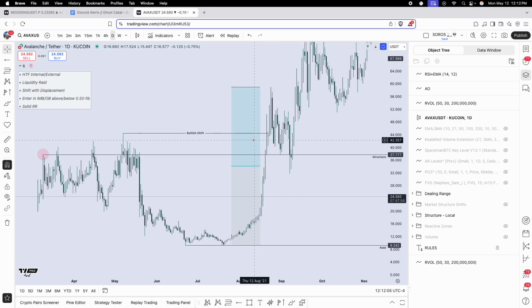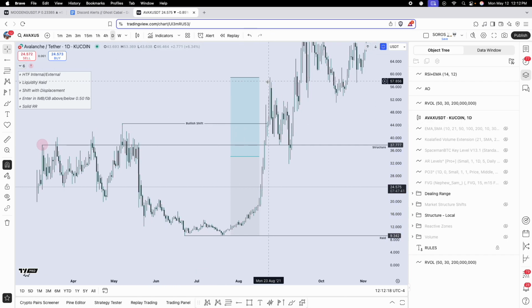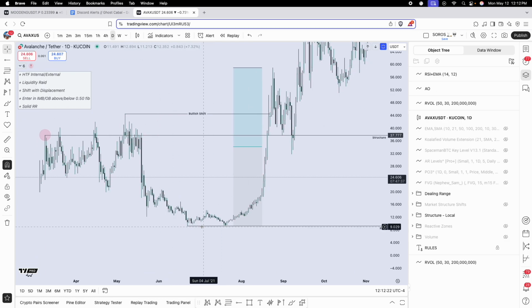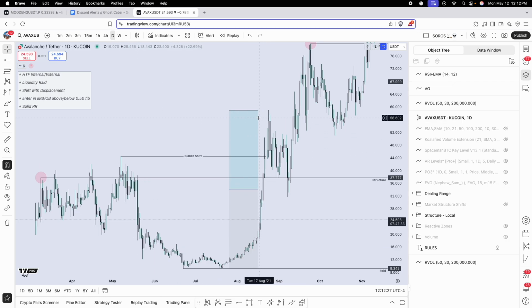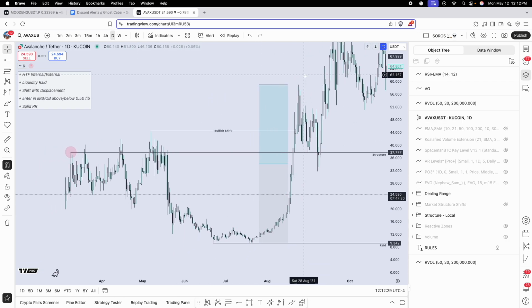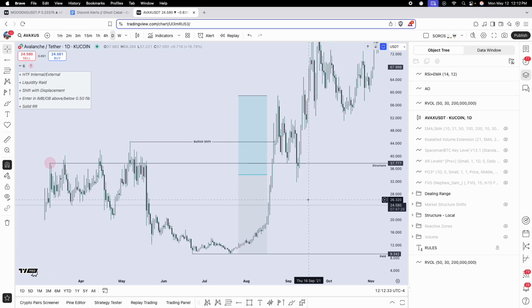Now if that high stopped over here, this is not a true dealing range because the high didn't take out the previous high, so that can't be considered a dealing range yet. But once you have a pivot that closed above this high or even wicked above, now you have a raid of the low defining the bottom of the dealing range, and a raid or shift above the previous high, top of the dealing range.